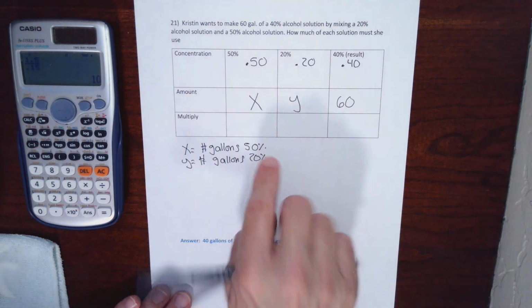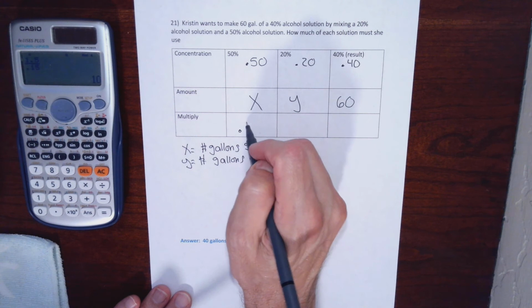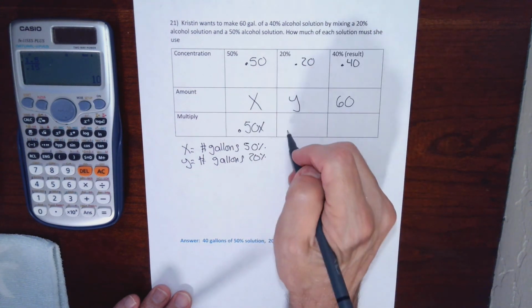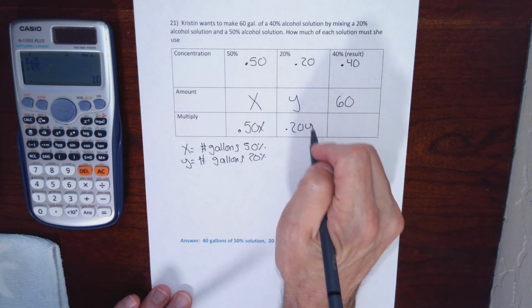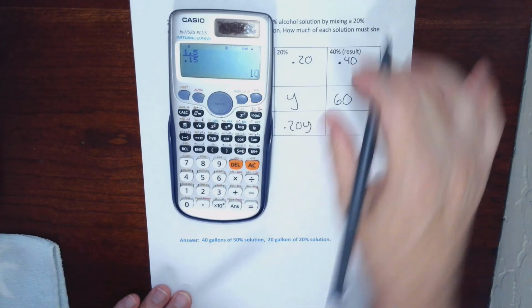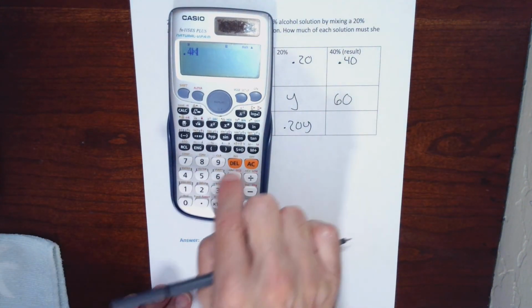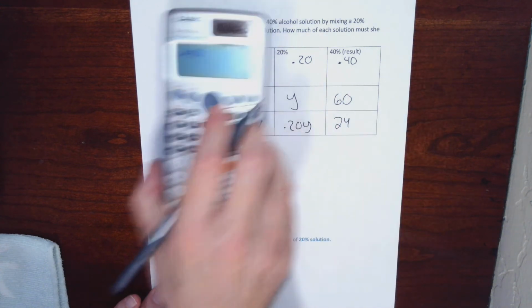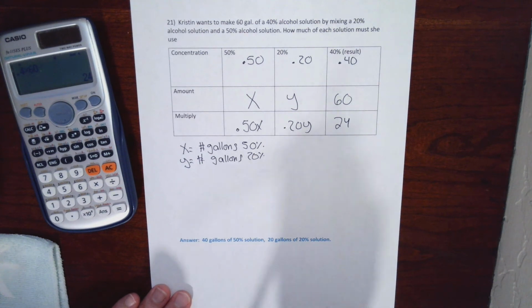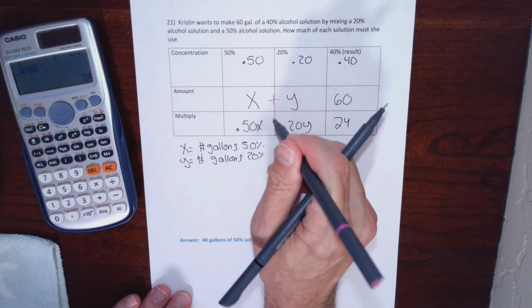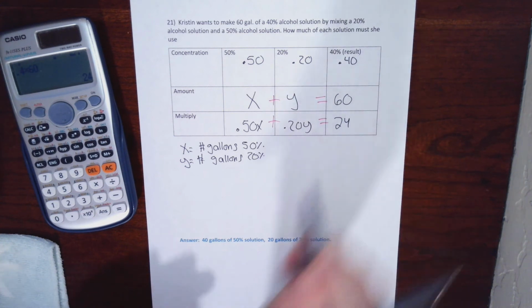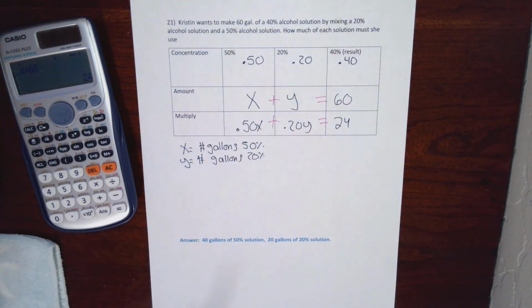I'm going to multiply down. I'm going to get 0.50x, multiply down and get 0.20y, and multiply down and get 24. Essentially I have my system of equations if I sneak the plus signs between the first two columns and the equal sign between the last two columns.